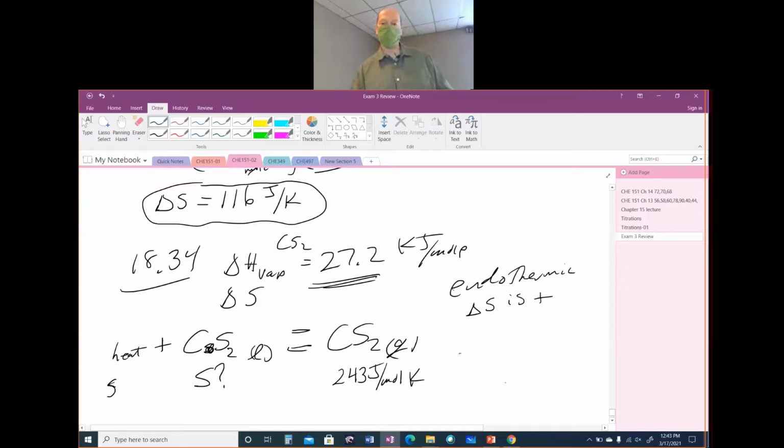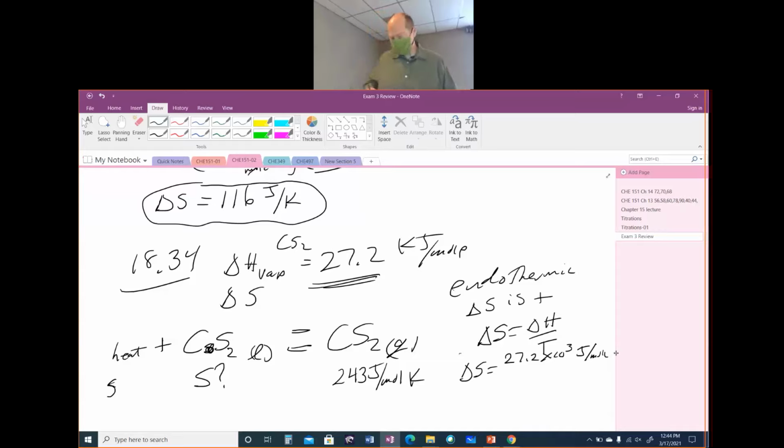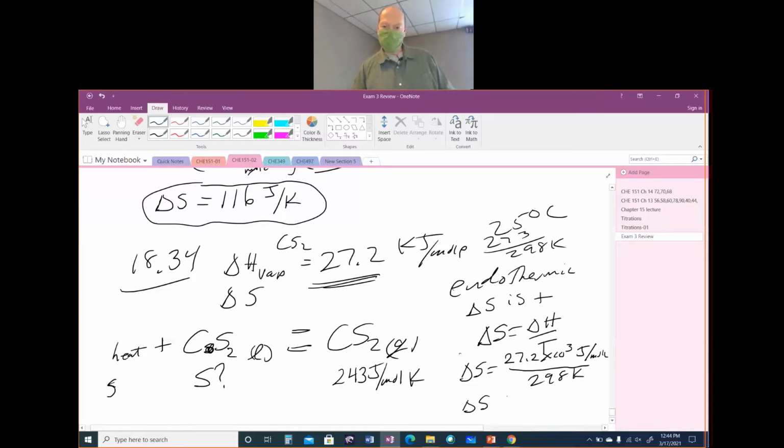Just like we did the previous problem, we know that delta S is equal to delta H divided by T. Again, we want to put that in joules. So I'm going to take my 27.2 times 10 to the third joules per mole divided by the temperature. The temperature is 25 degrees Celsius, which means it is 298 Kelvin. And I get the delta S for vaporization.